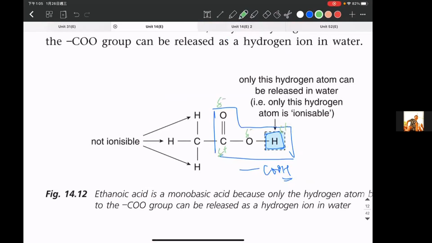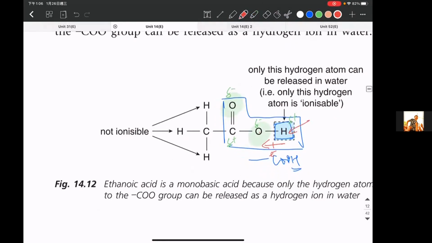Most of the electrons are condensed towards the oxygen, like a pulling force driving the bonding electrons towards the oxygen side. So this hydrogen atom will lose its electron and form hydrogen ion so easily.